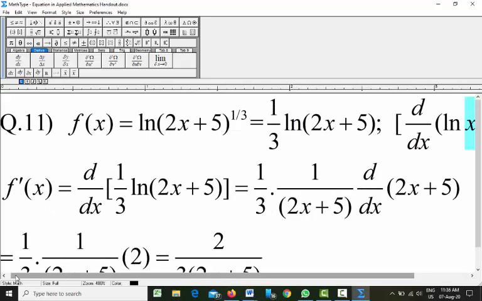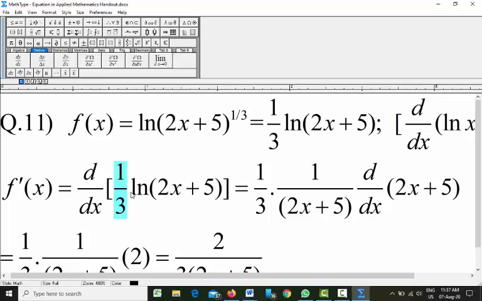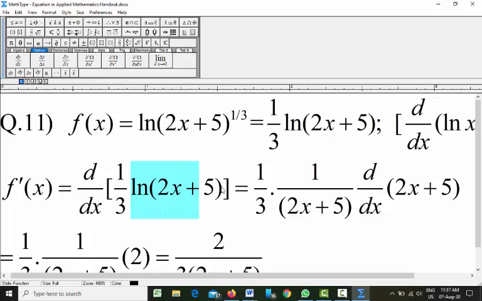Right. So now we want to do differentiation. That's the function we have now. We want to do differentiation of this one. First this 1/3 is the coefficient. You have to move this behind, and then we will do differentiation of this one.